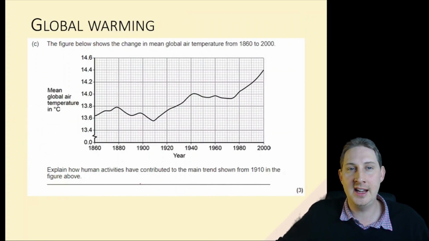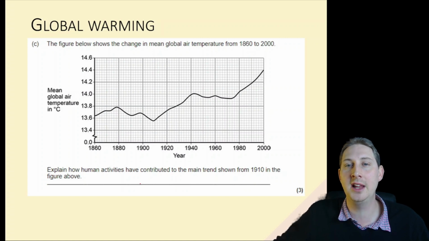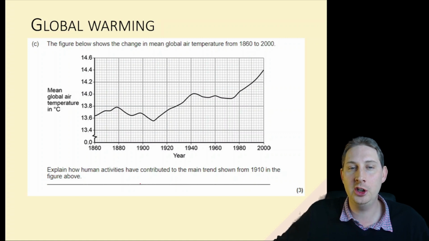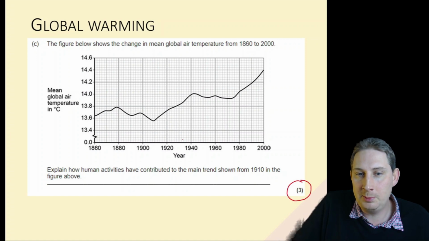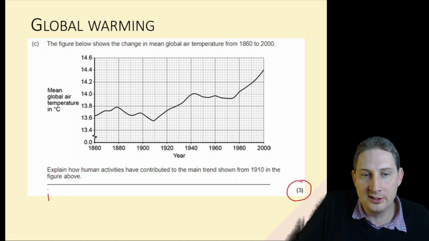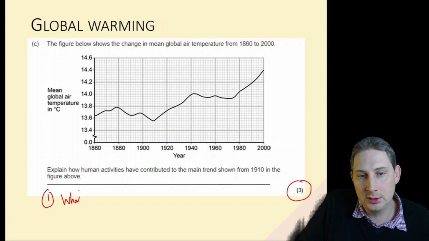Final question of the lesson. The figure below shows a change in mean global air temperature from 1860 to 2000. Explain how human activities have contributed to the main trend shown from 1910 in the figure above. Okay, so 3 marks. So I suspect the first mark is what is the trend?